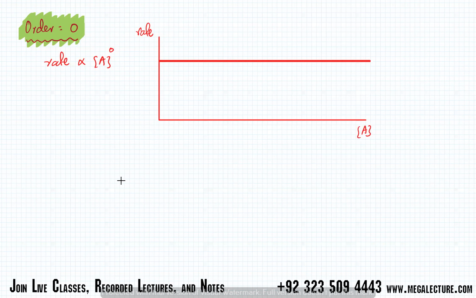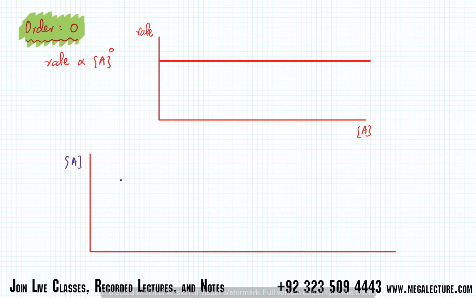So the other graph: if I plot A's concentration with respect to time in a particular reaction, your reactant is getting used up, but the speed of the reaction remains unchanged. So that means it's going to be a straight line. Remember, the gradient is the rate of the reaction, right?